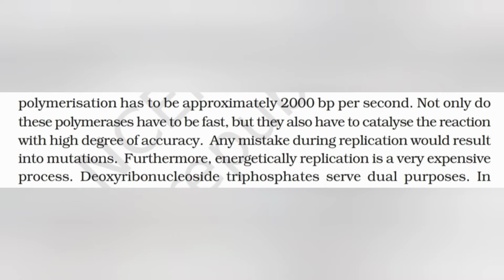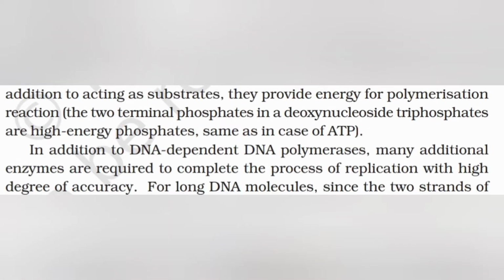Furthermore, energetically replication is a very expensive process. Deoxyribonucleoside triphosphates serve dual purposes. In addition to acting as a substrate, they also provide energy for the polymerization reaction, as in ATP.